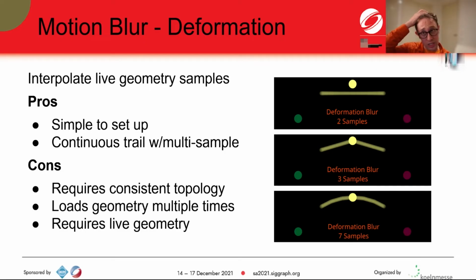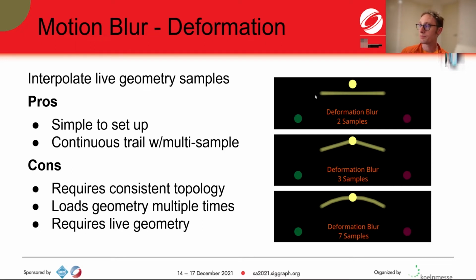So the first is deformation blur, where we have access to the original live geometry. In these examples, we've got this rotating object, and green is the previous frame, yellow is the current frame, and red is going to be the next frame.